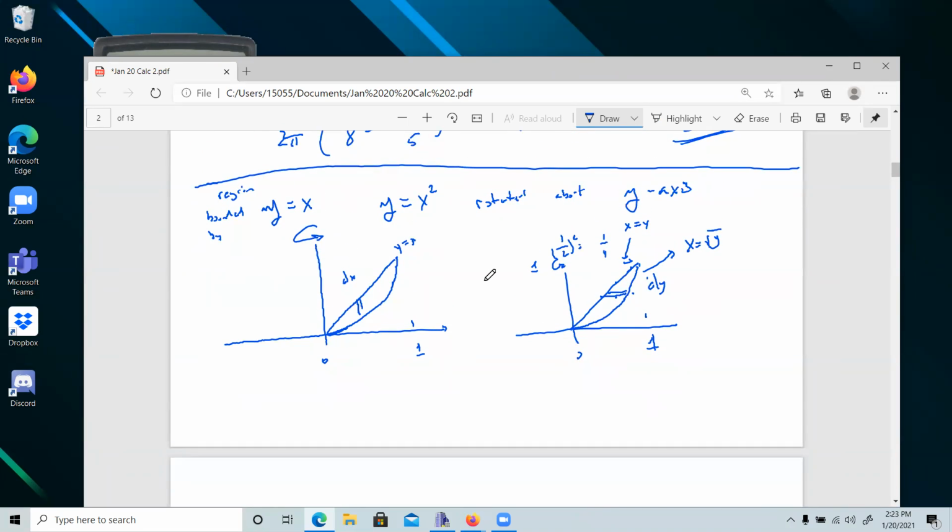In Calc 2, that's infuriating because you're learning them and you don't really know which way to use, and you're going to use the one you feel more comfortable with. Chances are it's this one, and it might be a harder problem to do that way. Actually, your choice is usually going to be this guy right here, because cylinders make more sense than shells. At least they always did to me. But it may not always be the easiest way to go.